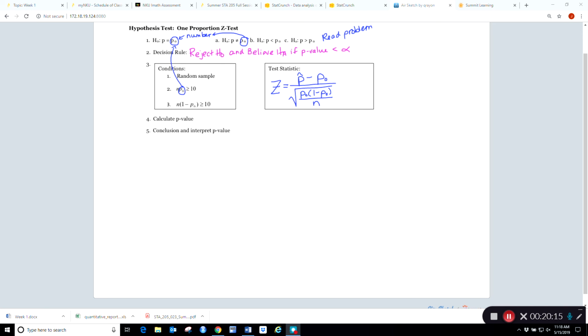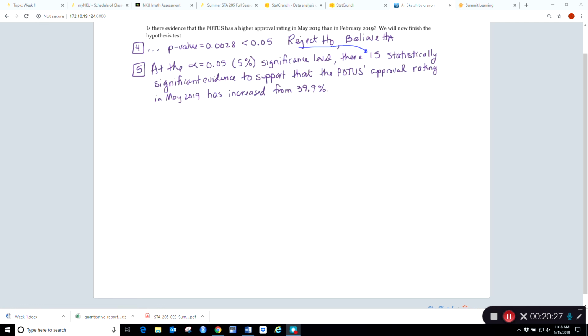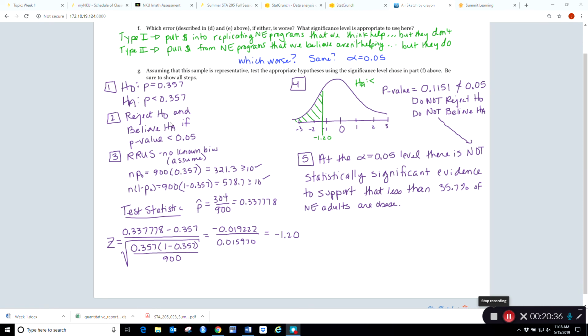The 3 examples that we have gone through have intentionally been one of each, so you can see how that works. We first did an example with a greater than sign. We then did example 3 with a not equal to sign. And our very last example had a less than sign.